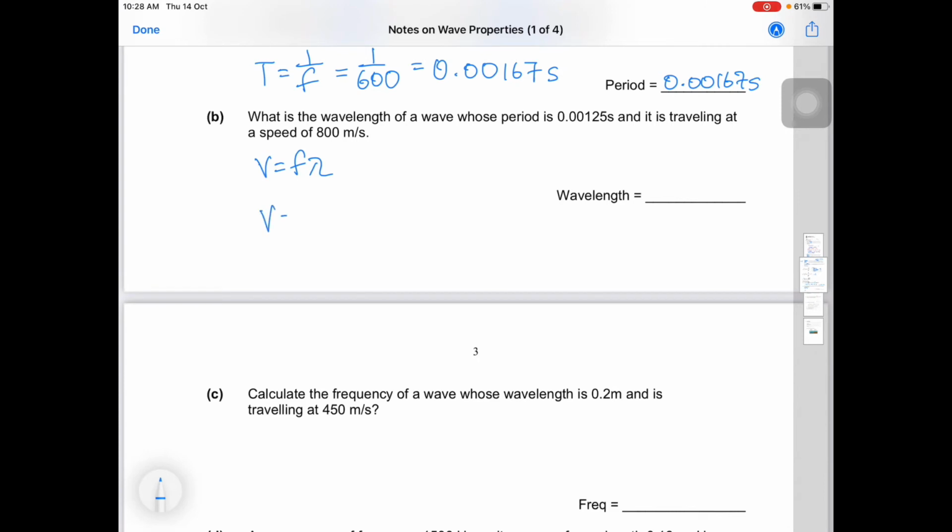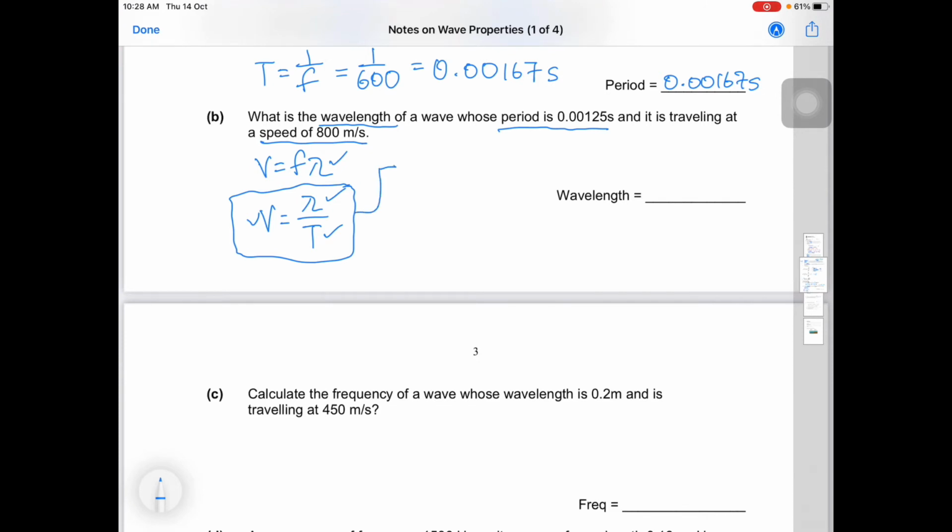We also have v equals lambda over period. Now, what they have given is the period, which is T, and they've given the speed, which is v. We need lambda. So we are looking at this formula over here.